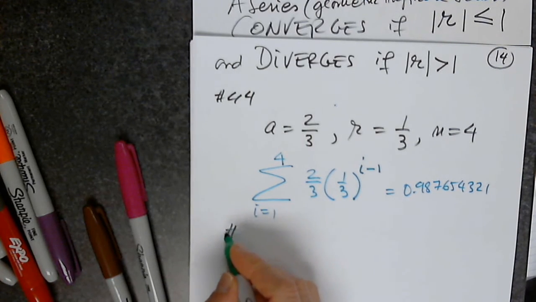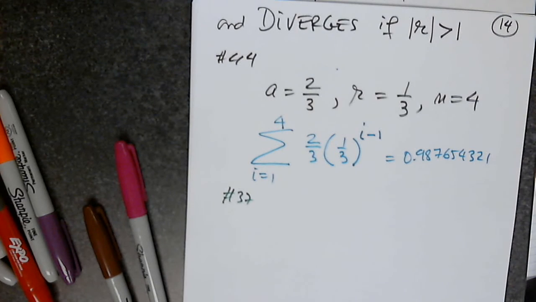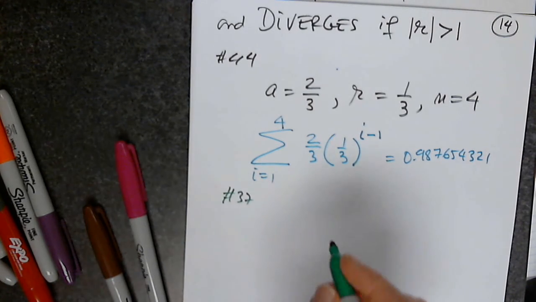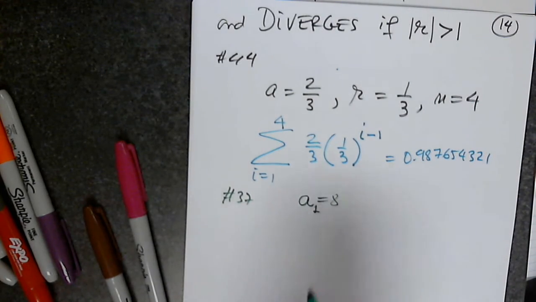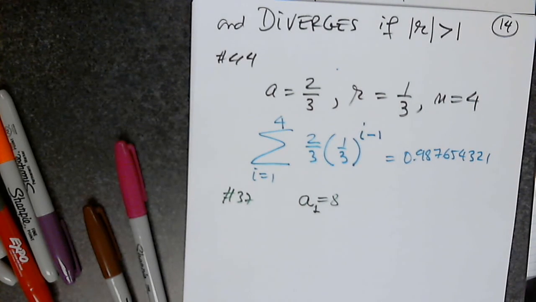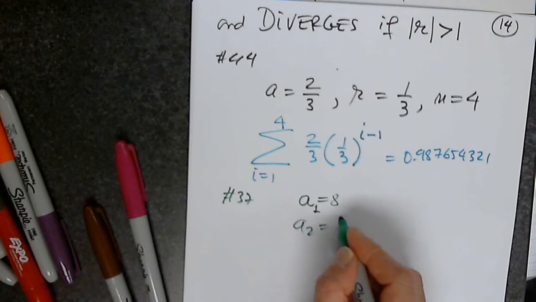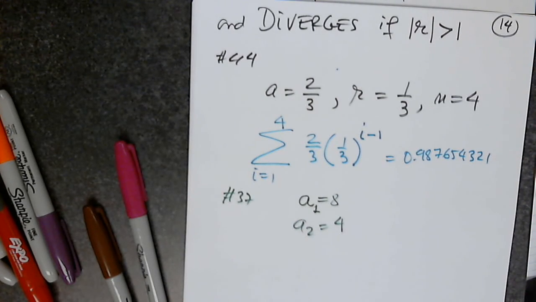37. The first term of a geometric sequence is 8, A equals 8, and the second term is 4. Find the fifth term.